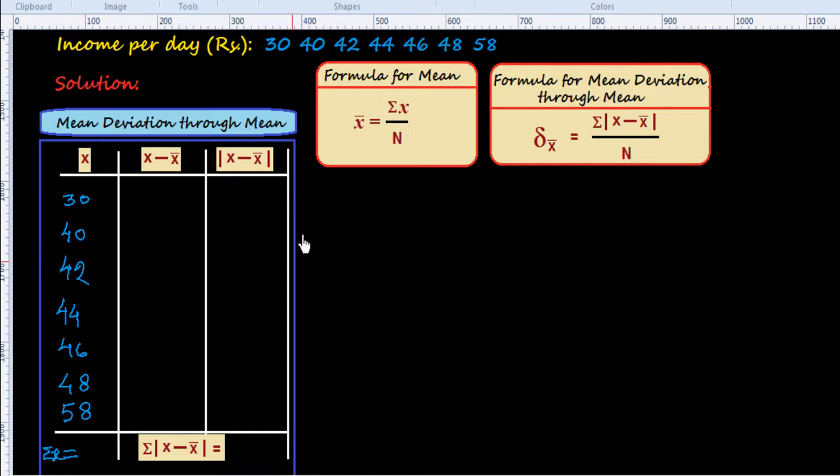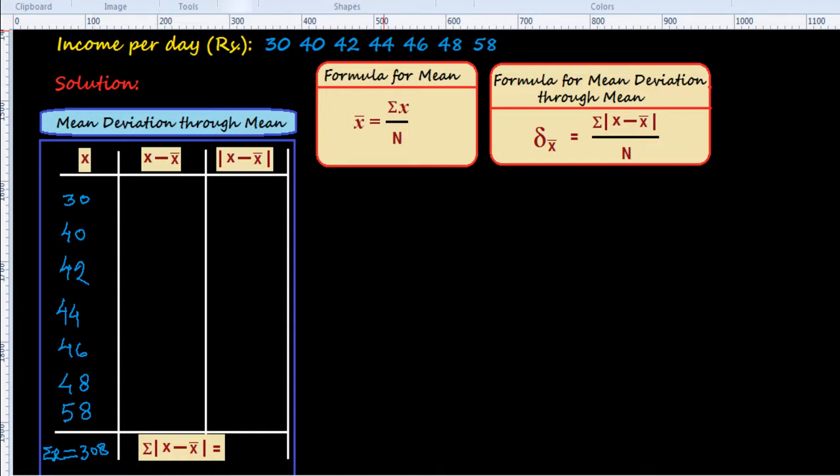For getting the mean, the summation of x is required. So we get the summation of this. Look at this: 2 plus 4 is 6, 6 plus 2 is 8, plus 0 is 8, and so on, carrying the digits, so we have got 308 here.